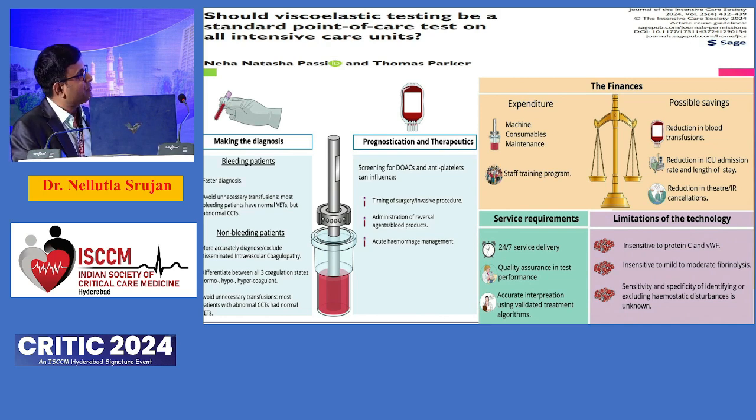But the advantage we will be saving is reduction in the blood transfusions, reduction in the ICU length of stay, reduction in the OT re-explorations. And the service requirement is that a hospital needs to have a 24/7 service, quality assurance, and accurate interpretation. And the limitations would be it is insensitive to protein C and von Willebrand's, insensitive to mild to moderate fibrinolysis, and so on.